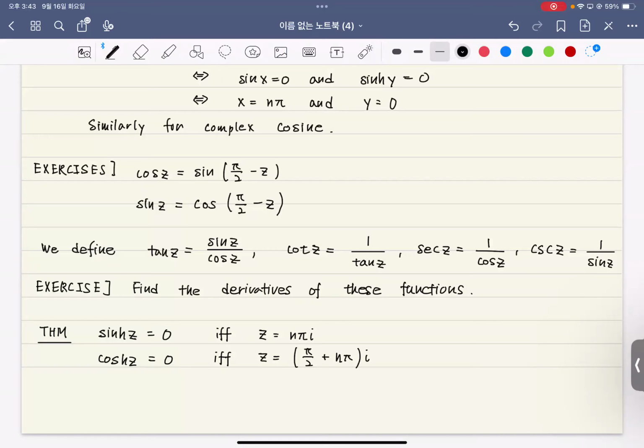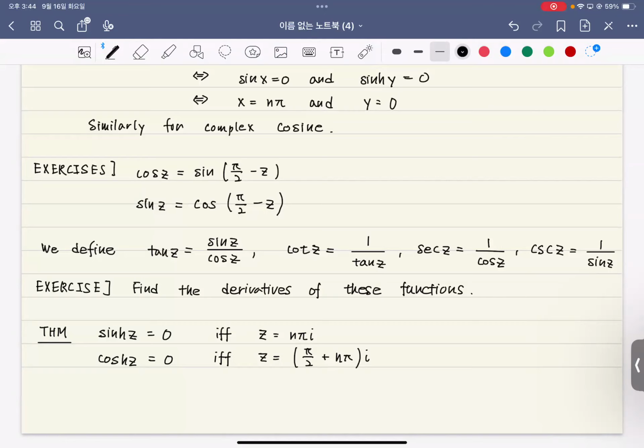Looking at the zeros of these complex hyperbolic functions, they look almost similar to the complex trig functions, complex sine and complex cosine. The only difference is that the zeros of these functions appear not on the real line of the complex plane, but on the imaginary axis, right? Why is that?